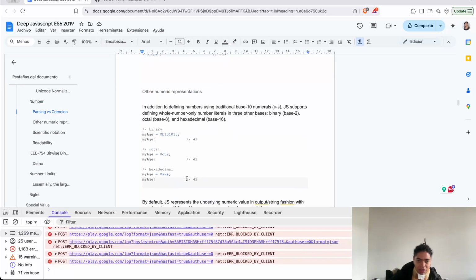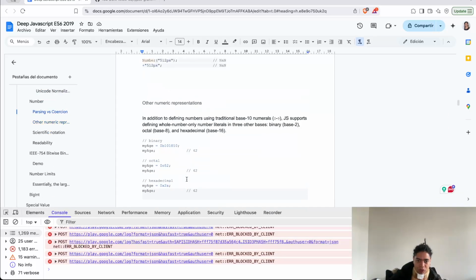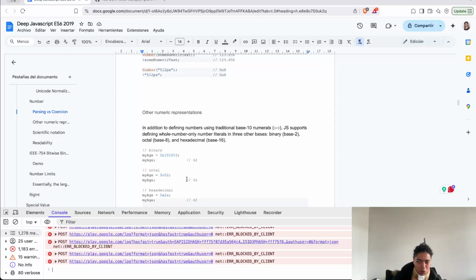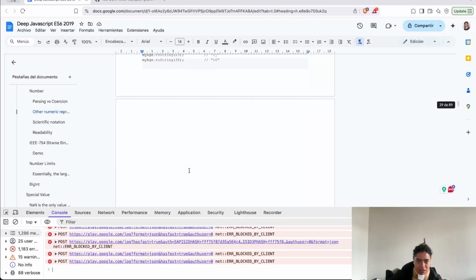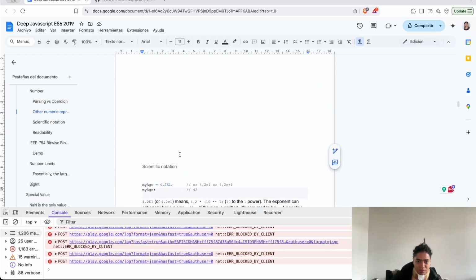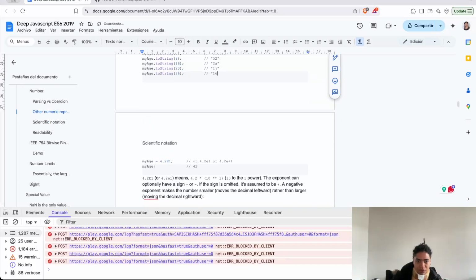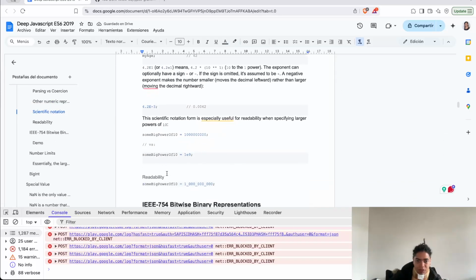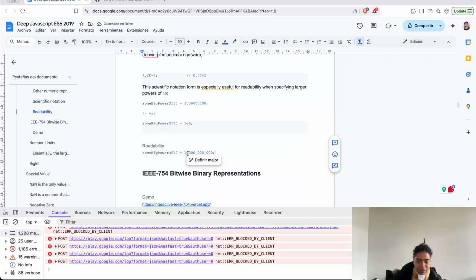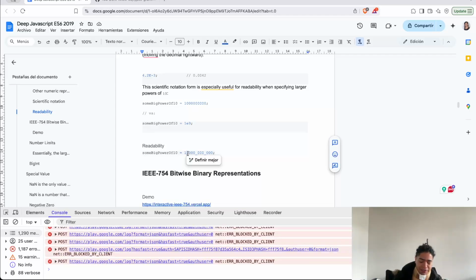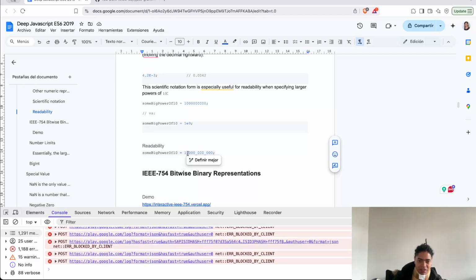Here is when we need to understand what a safe integer means, because we can also use some other representations, and why this is important, for example, lowercase, helpful for readability, and why it's important to understand the IEEE 754 bitwise binary representation.